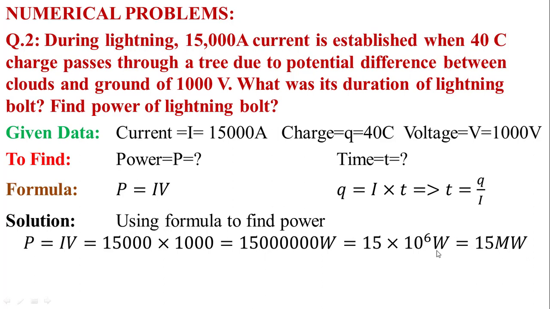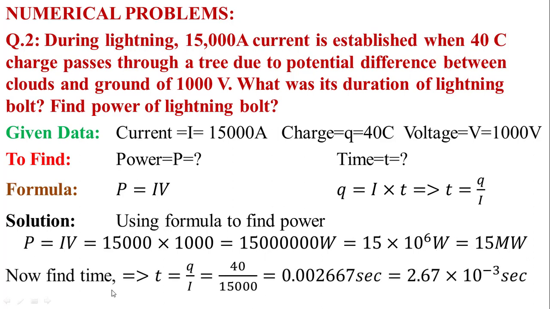Now we can find the time. Time T is equal to Q upon I. The value of Q is 40 coulomb divided by 15,000 ampere. 40 divided by 15,000 is equal to 0.002667 seconds.